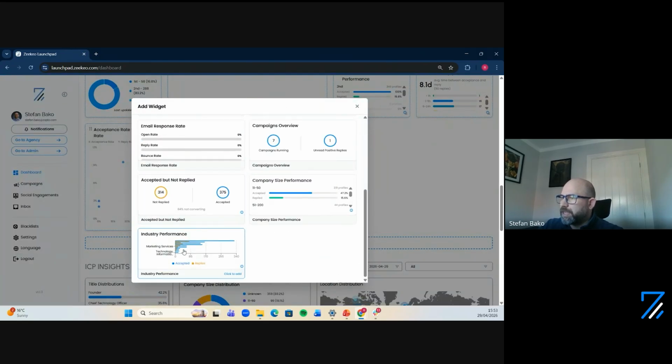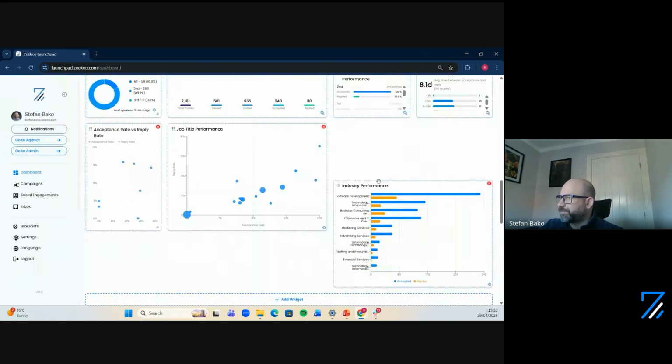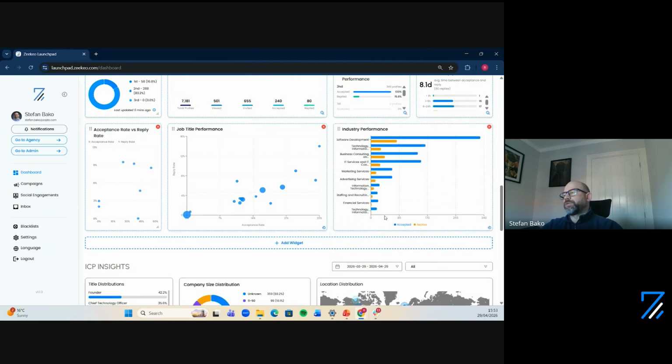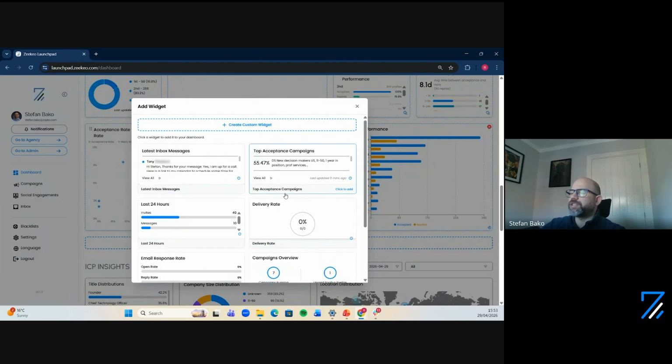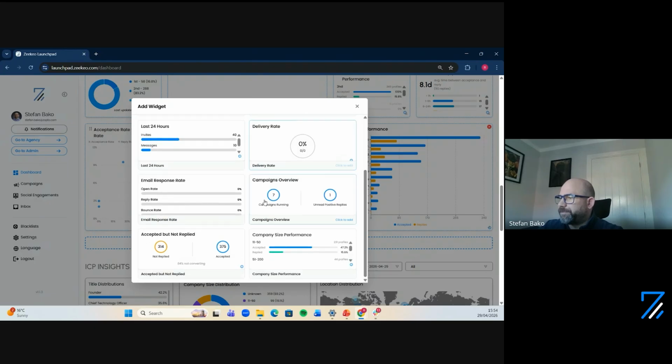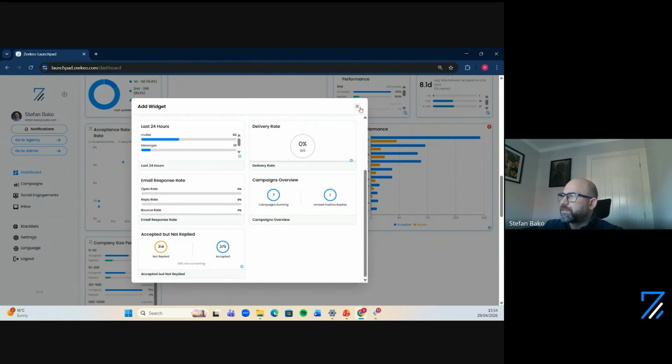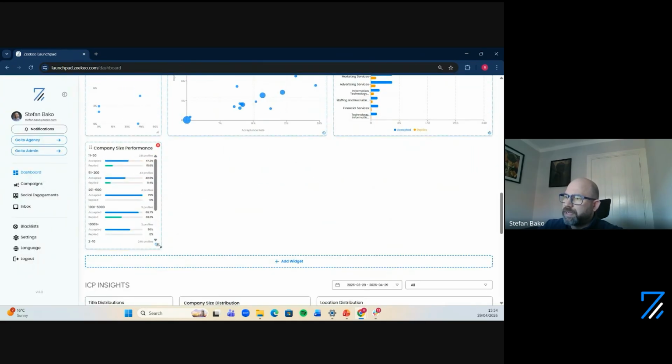And industry distribution, again, which industry performs the best. So you can make some decisions on where to focus, especially if you're at the beginning and you go wide with the first campaign, and then you start analyzing the data from the first campaign. And then company size performance, again, it applies if you are at the beginning and you're testing.